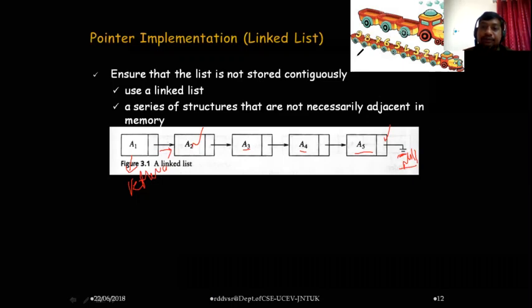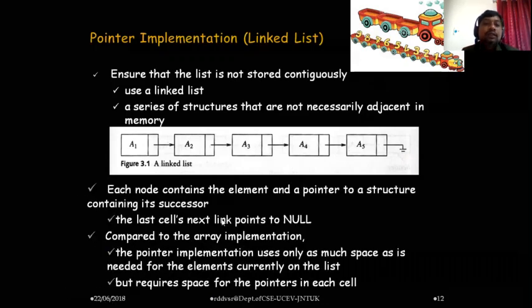Now we'll see the structure definition of the linked list. Generally we call this structure a node. We use this term node to refer to this structure. Each node contains the element and a pointer to a structure containing its successor.